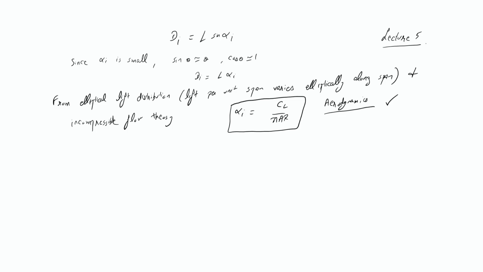Now what is elliptical lift distribution? If you have a wing in this way, this is the front view of the wing. The lift is distributed in this way, so it is an elliptical lift distribution.